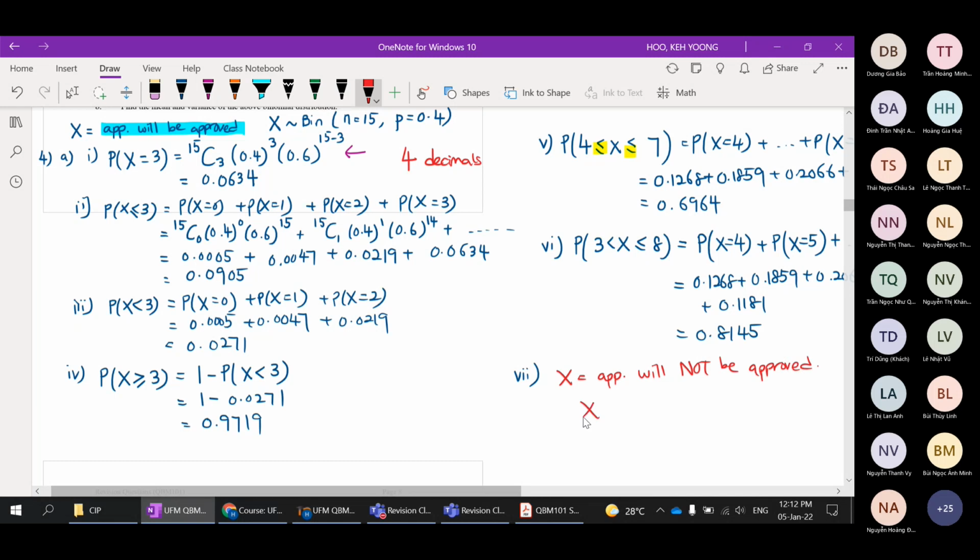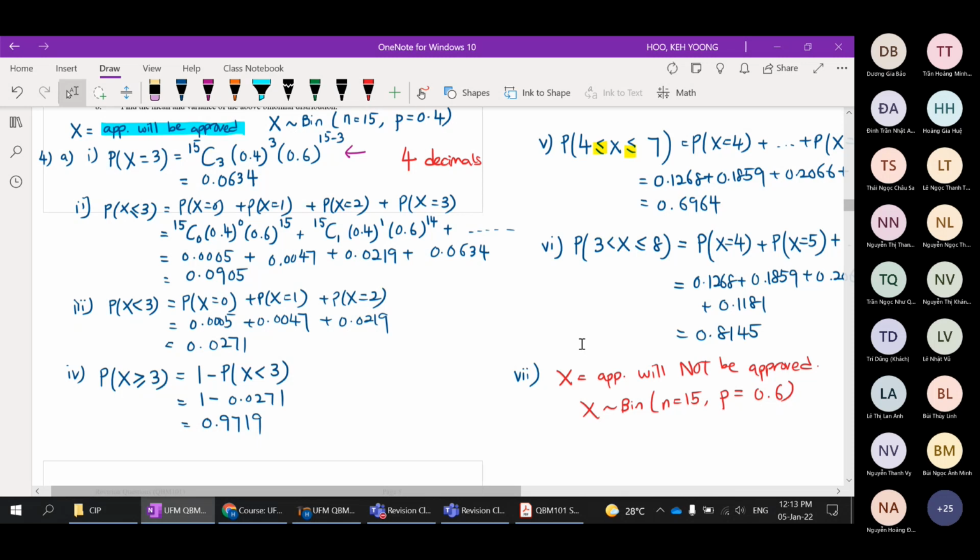So what is the probability of success? What is the chance of not being approved? Sample size is still 15, but the probability of not approved, where success means not approved here, is 0.6. So for questions 7 and 8, you need to use P equals 0.6. Don't use 0.4.